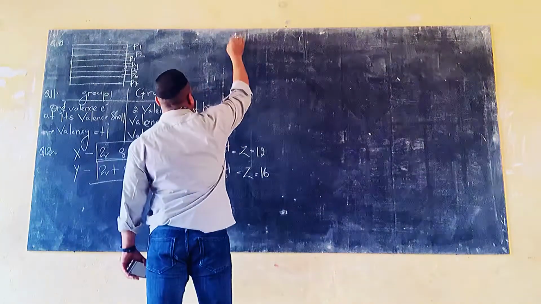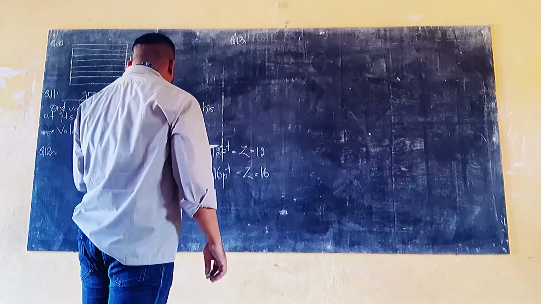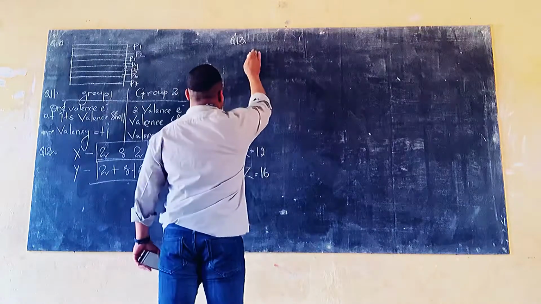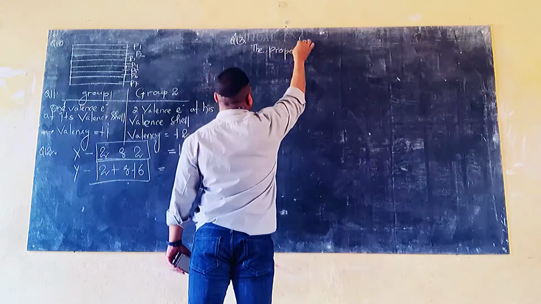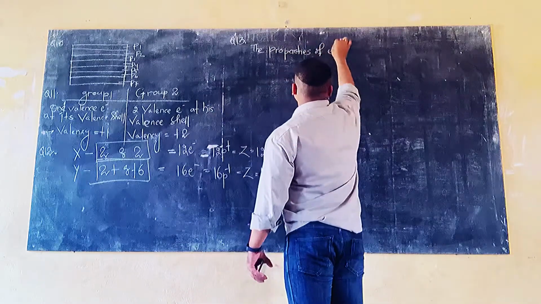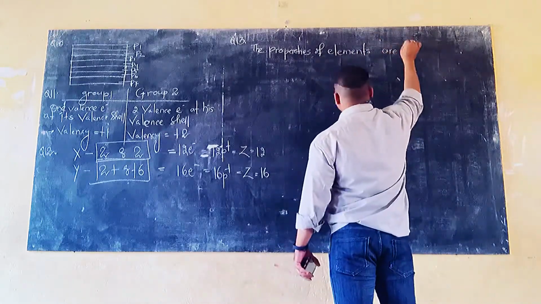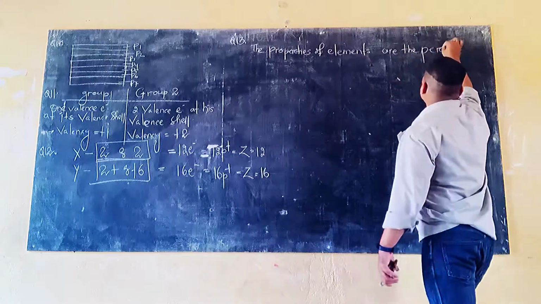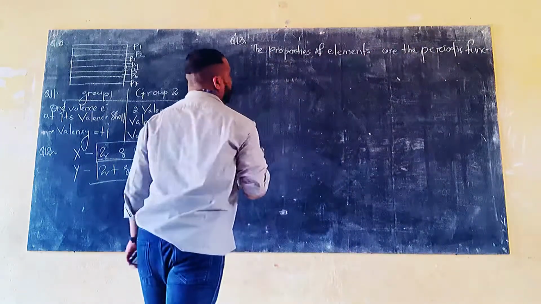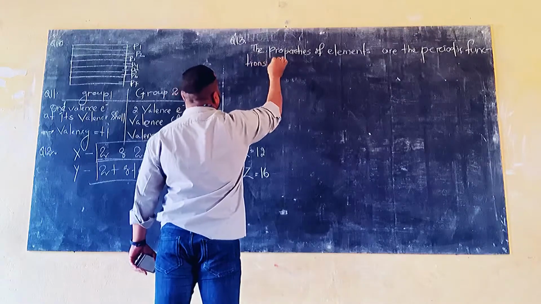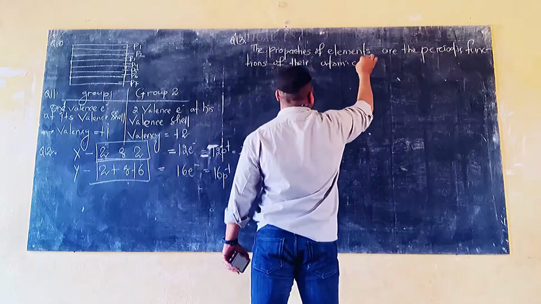Then question number 13. State the modern periodic law. Modern periodic law: the properties of elements are periodic functions of their atomic number.